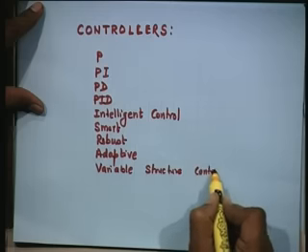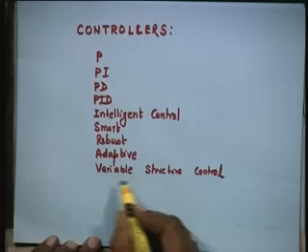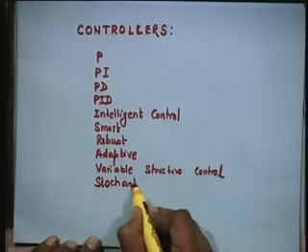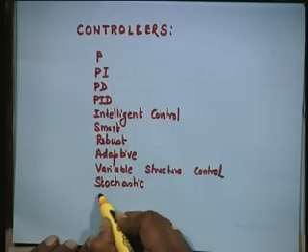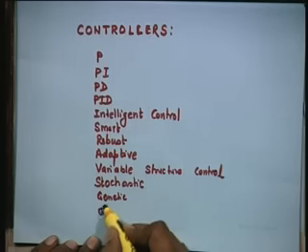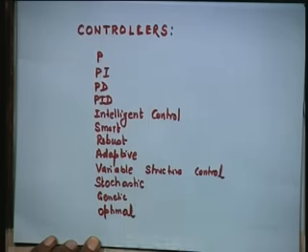No, I don't want lag lead here. So, variable structure, stochastic, and then we have evolutionary, genetic, optimal. We can also have fuzzy control.